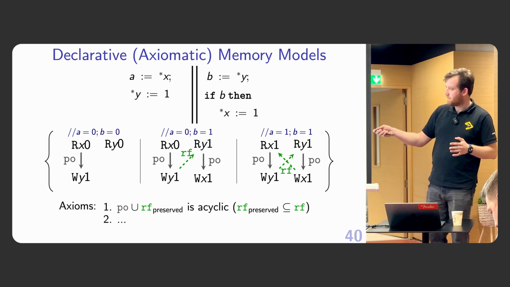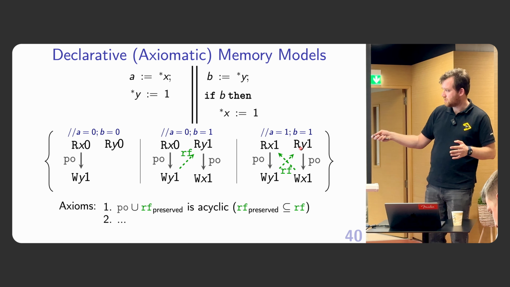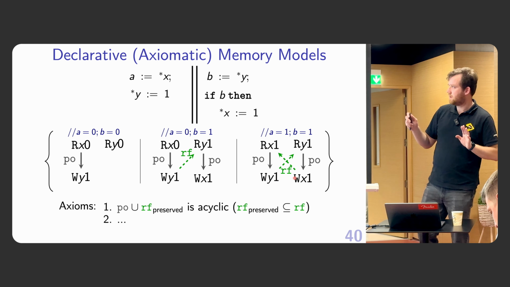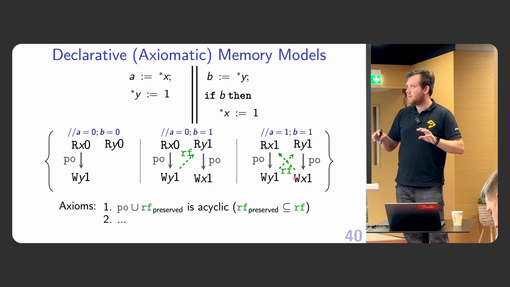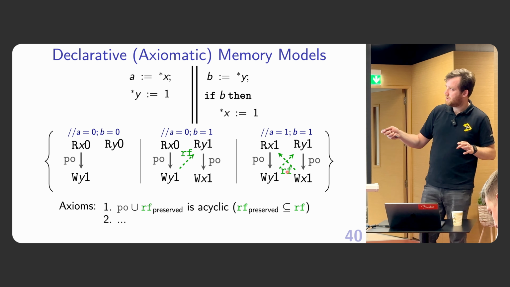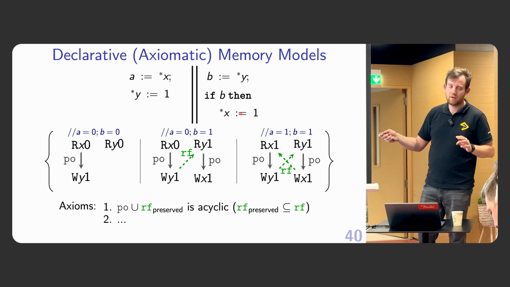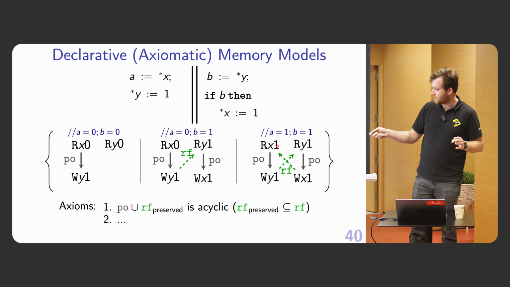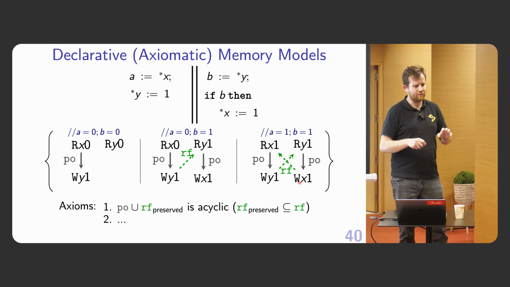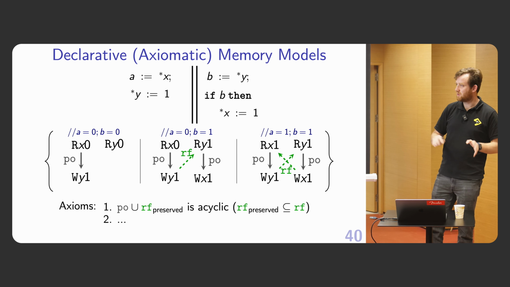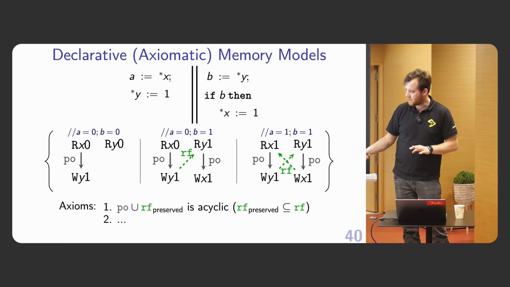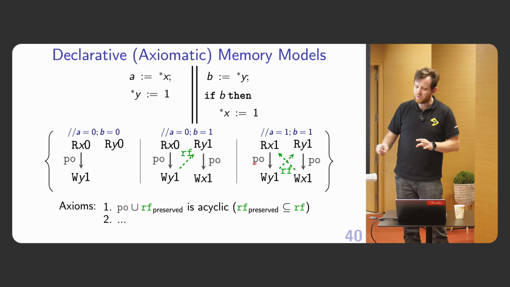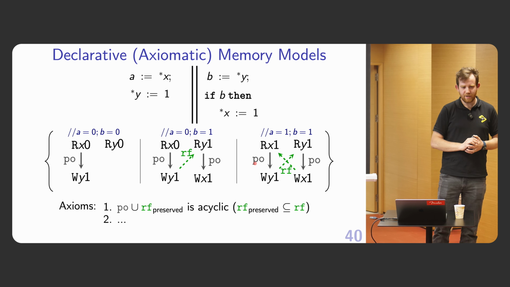So in this graph there is no difference between these two RF edges, but for example, if I marked the X location as volatile in Java, then this RF edge would be important. But if you don't know about volatiles in the Java memory model, then just think that some edges could be important and some not, right?